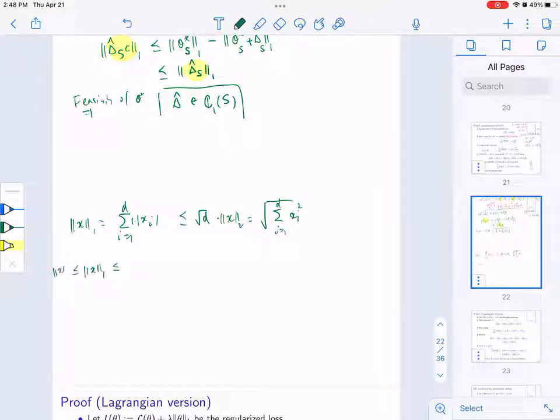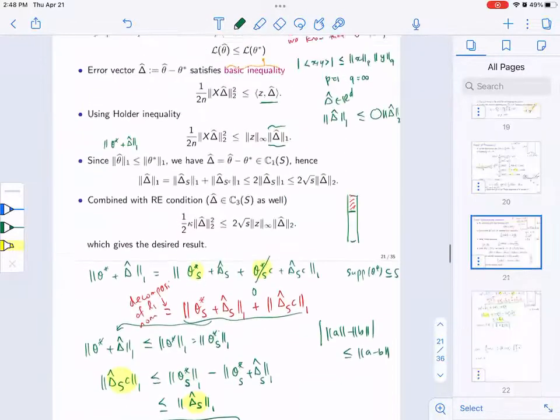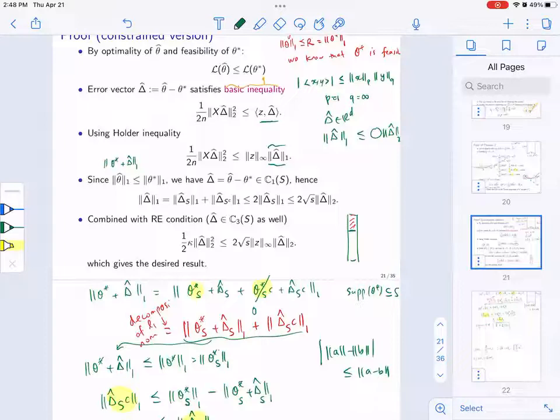So there's this lower bound and then there's this upper bound, root d. So I'd pay root d here if I just do it naively. There would be a root d here, which I don't like.